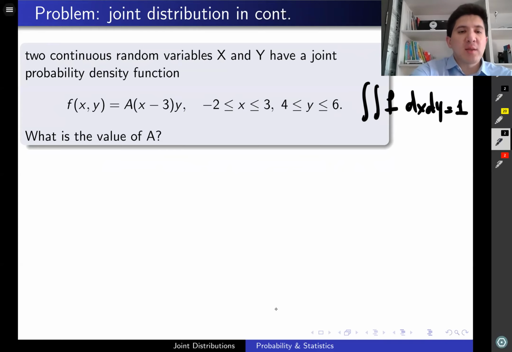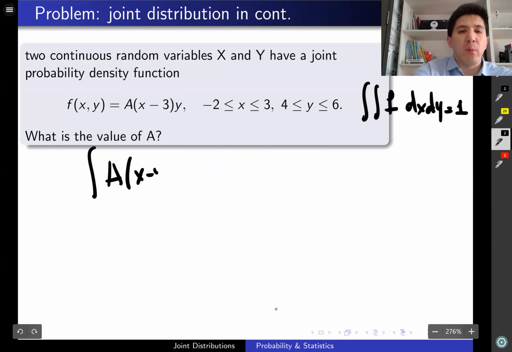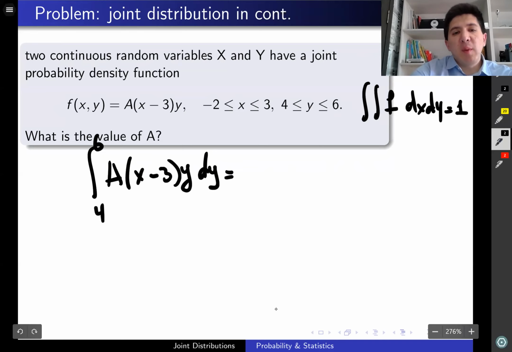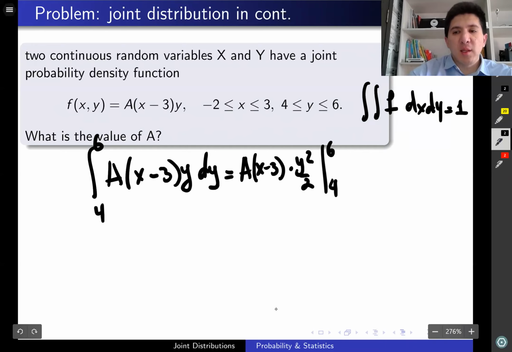So let's first of all integrate this with respect to y, over the whole domain of y. The integral of a times (x minus 3) times y dy from 4 to 6 is going to be equal to a times (x minus 3) times y squared over 2, from 4 to 6.